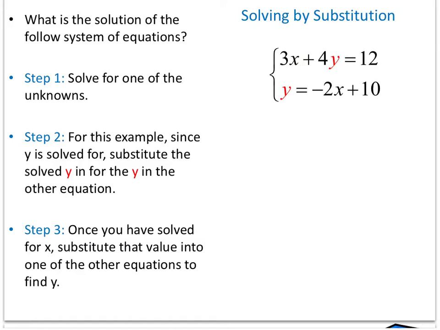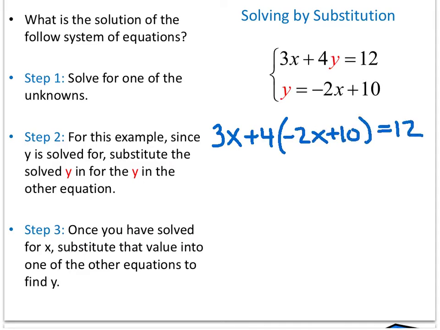I'm going to substitute in this whole value here for y in the other equation. So I'm going to have 3x plus 4. Now I'm going to do parentheses. So anytime you are substituting in, you should use parentheses. And that equals 12. Now I'm allowed to do that again because this equals this. So anywhere I see y, I can put in what it equals.